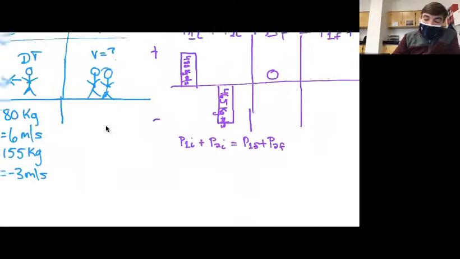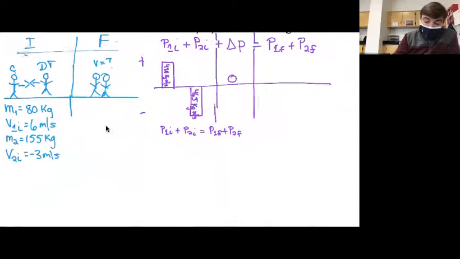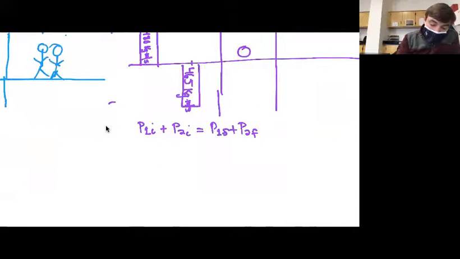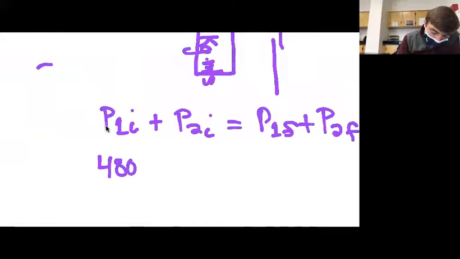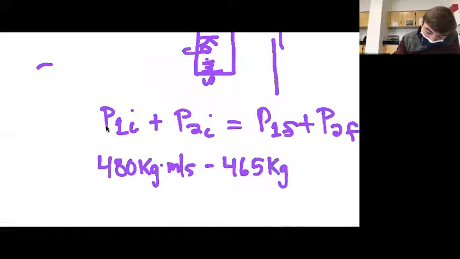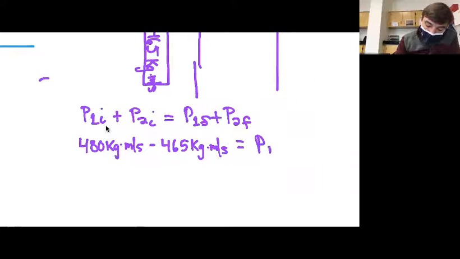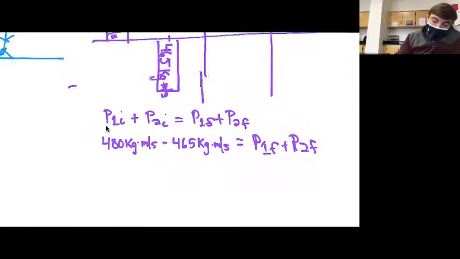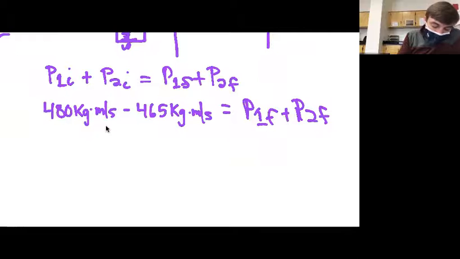Well, I already found the initial momentum of object 1 and 2 right here in my bar chart, so I'm just going to fill those in. Obviously carried the negative in there. Solve on the left.